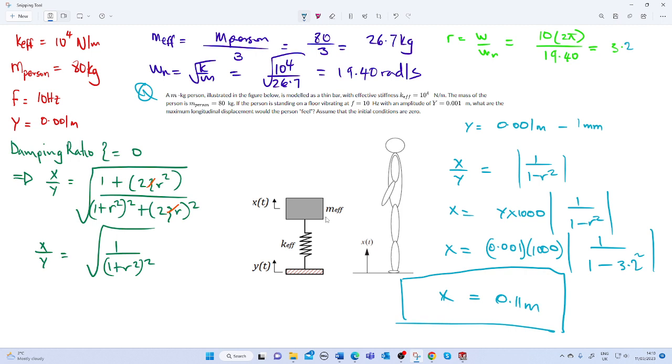If the person is standing on the floor vibrating at f equals 10 Hertz with amplitude of Y equals 0.01 meter, what is the maximum longitudinal displacement the person will feel, assuming that the initial conditions are 0?